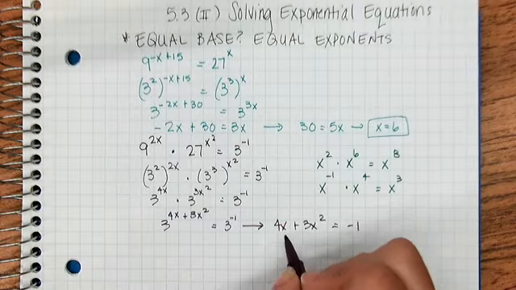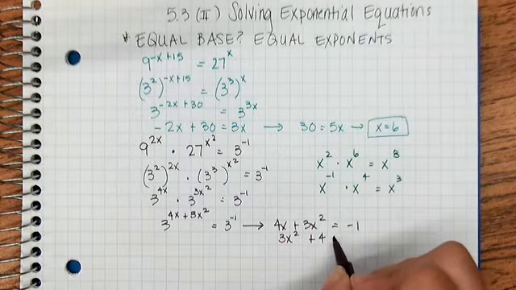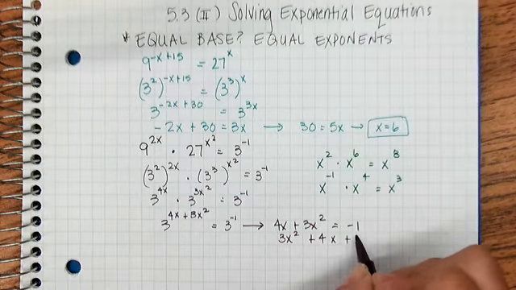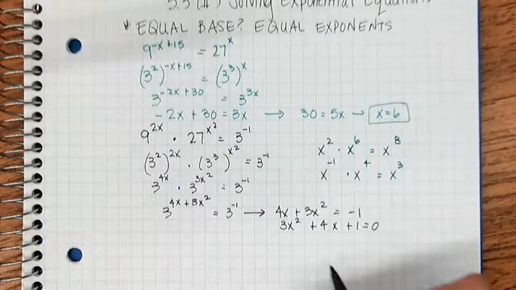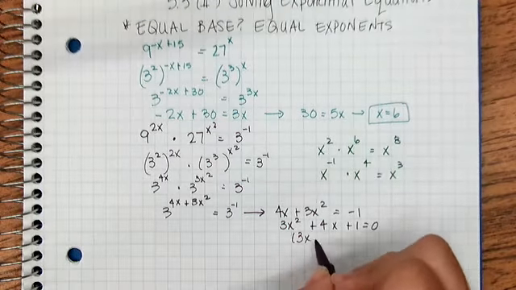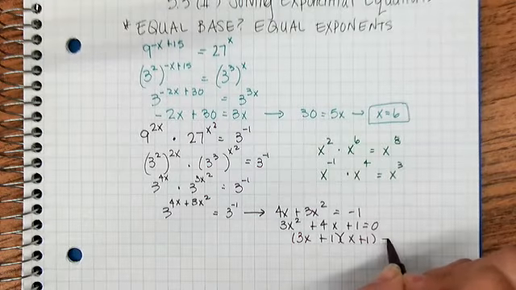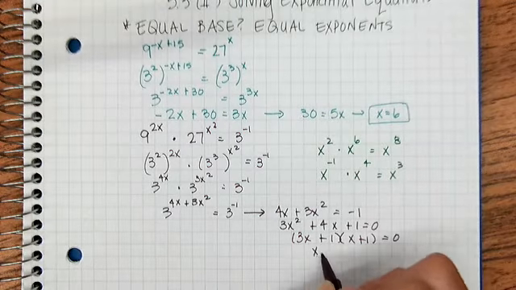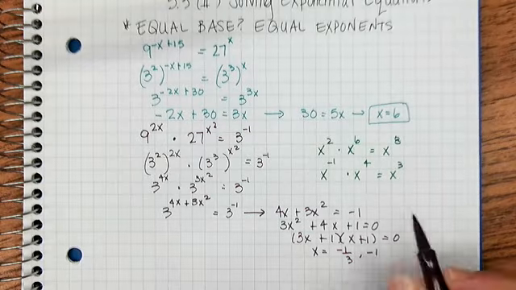It's quadratic, set it equal to 0. Use the 0 product property. Factoring never goes away. In your whole math life, you're going to have to factor. So I believe this is 3x plus 1, x plus 1. X is negative 1/3 and negative 1.